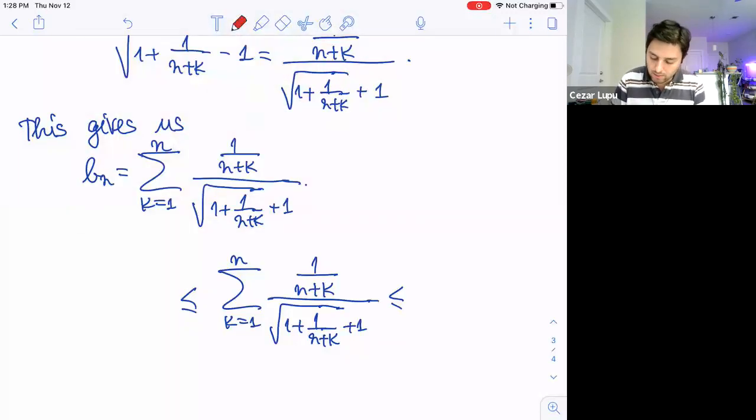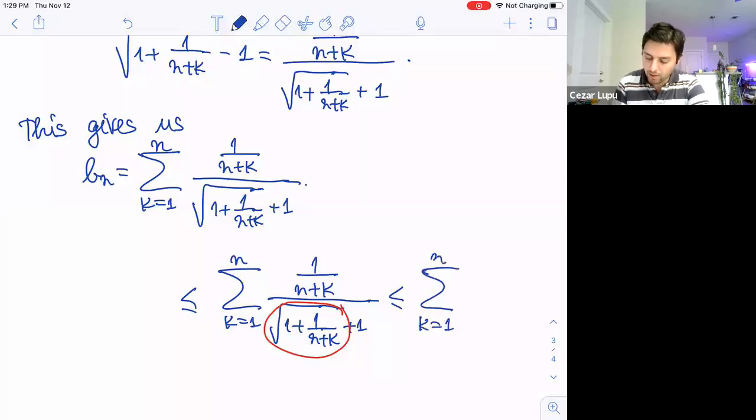I'm going to leave the numerator alone. I'm not going to do anything to it, because I have to be careful here with the squeeze. When you have complicated fractions, maybe it's a good idea to have a common denominator. We can do this, so I'll write it in this way.